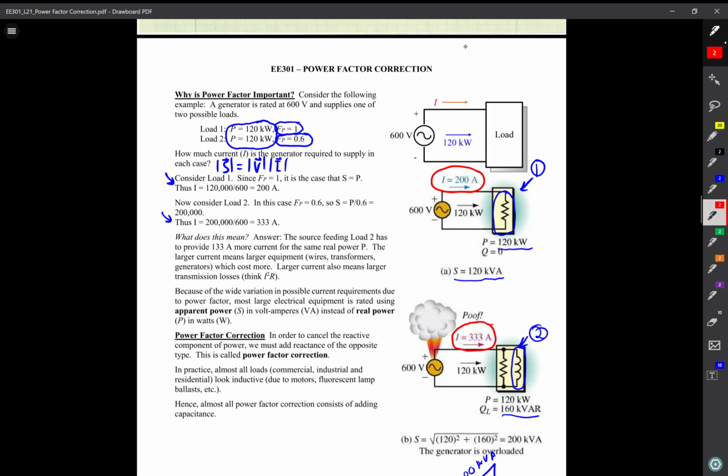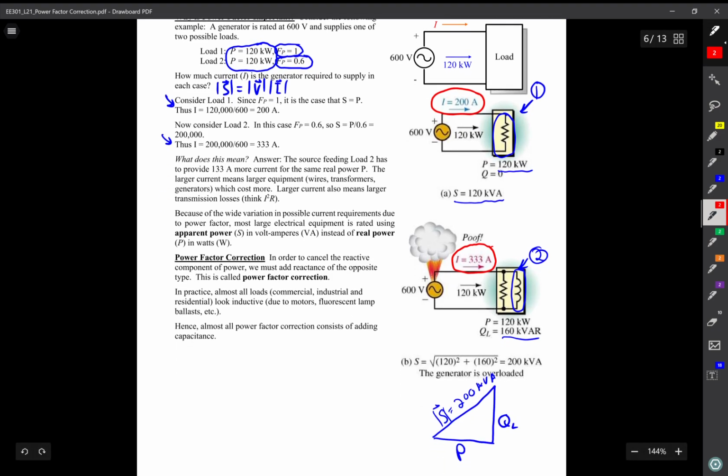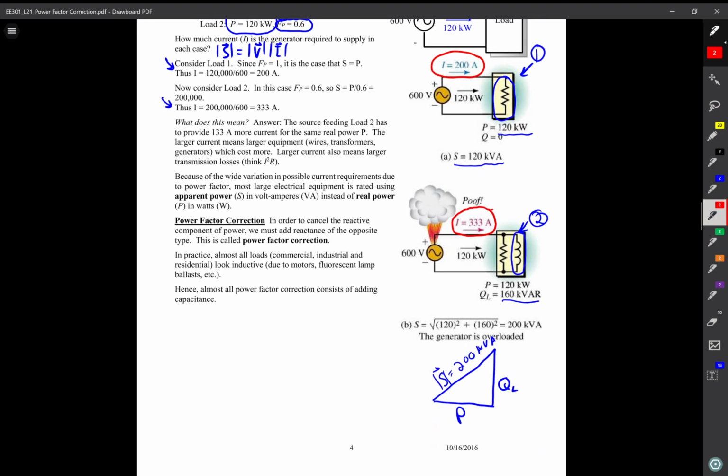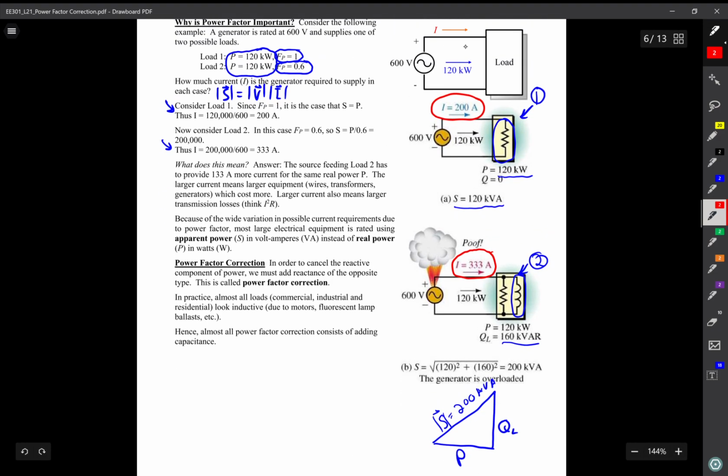So the larger current means larger equipment with wires and transformers and generators, the whole distribution system, which costs more. Also, the larger current also means larger transmission losses, think I squared R. So in this case, what we want to do is reduce the amount of current delivered to the same load, which we can get by somehow figuring out a way to reduce the reactive power.